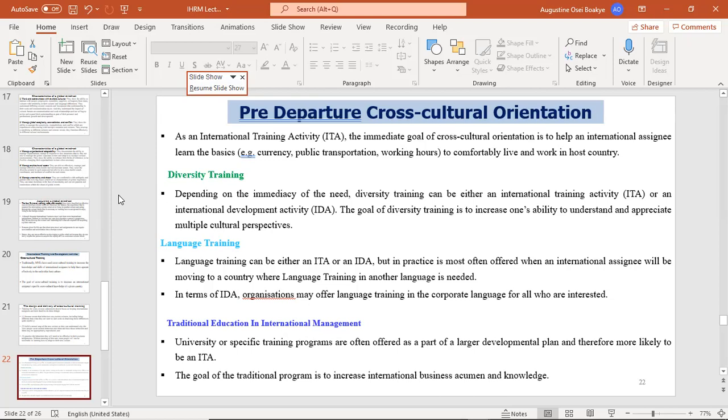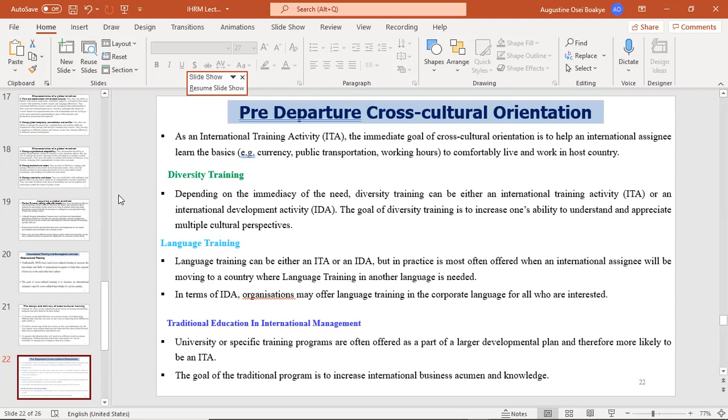So whereas the international training activity will be focusing on the preparation of the individual to perform their current job, international development activity will be preparing the individual not only for their current job, but for their future positions as well. The goal of the diversity training is to increase one's ability to understand and appreciate multicultural perspectives.